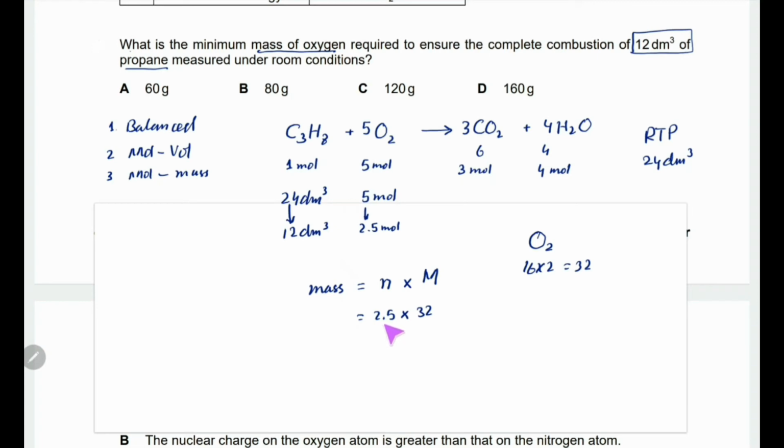Now to the final solution. 2 times 5 is 10, 16 times 2 is 32. The next, 5 times 5 is 25. So we are getting 5 times 16. That becomes 80 gram. So the choice B is the correct choice.